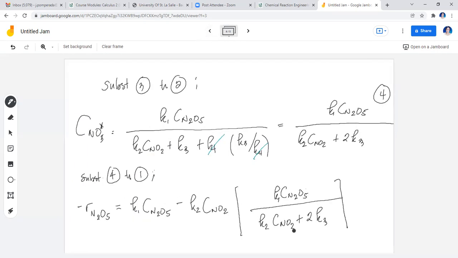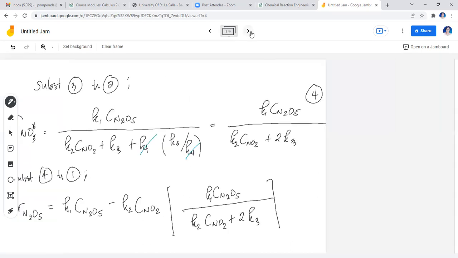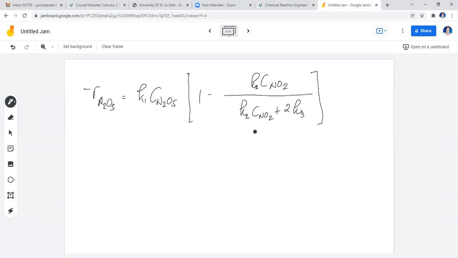Okay, K2 C NO2 plus 2 K3. So that's our denominator now.